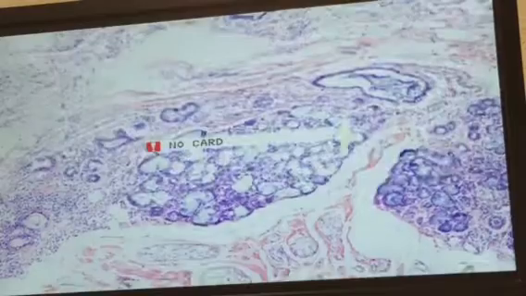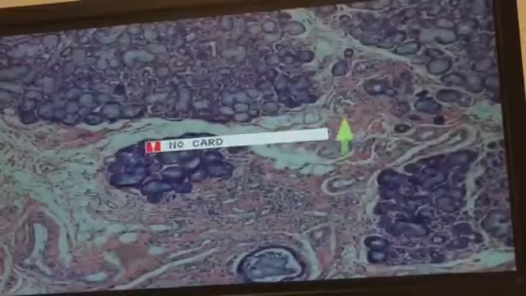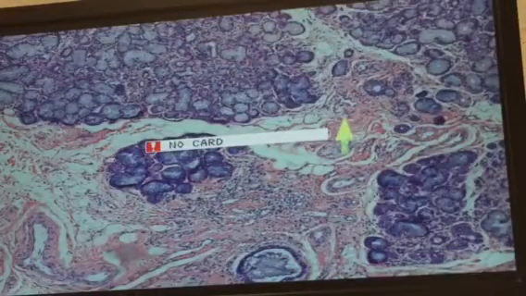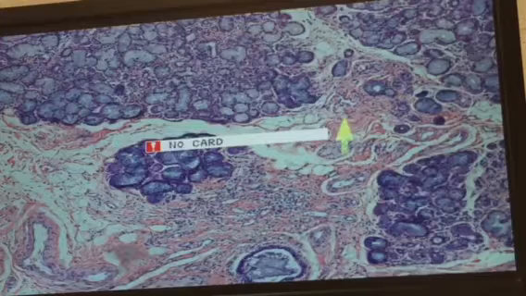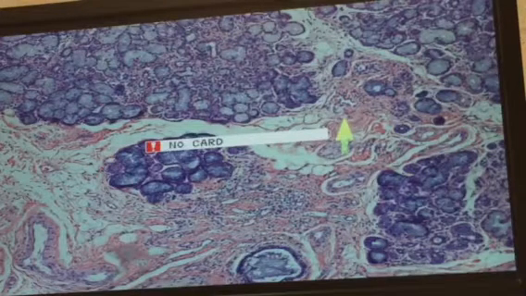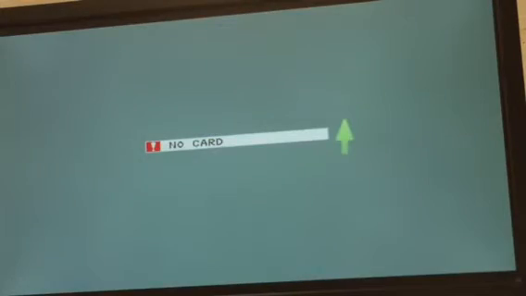Now the duct structure is the same. However, on the live practical, if I want to find a striated duct or an intercalated duct, I will look in either the submandibular gland or the parotid. But you need to be able to differentiate between all three of those major salivary glands and just identify them.